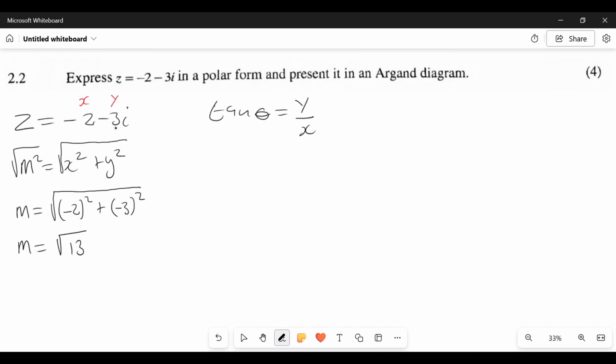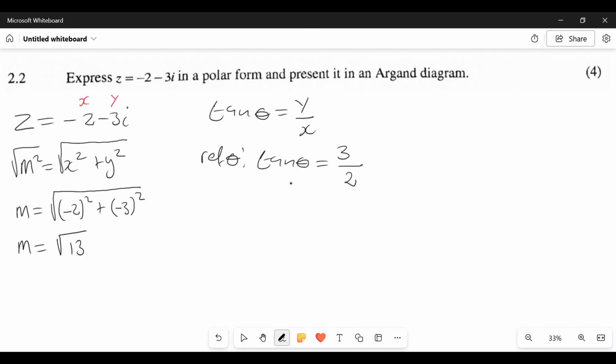Because this is happening in the third quadrant, we need to calculate the reference angle first. When you calculate the reference angle, you don't insert the negative values. So you're going to write tan theta equals our y, which is 3, and our x, which is 2.